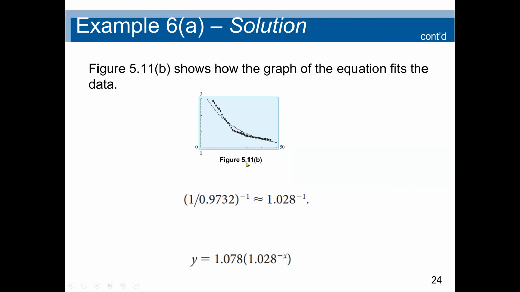Some scientific smart calculators also can do this calculation. So after we get the model, the rest is straightforward. Here they say show how the graph of the equation fits the line. Again, the software will do that for us. In this case, let's say we are using our calculator, such as a Texas Instruments 84 or 89 or 83, will do this work.